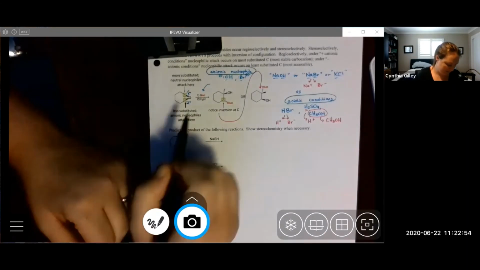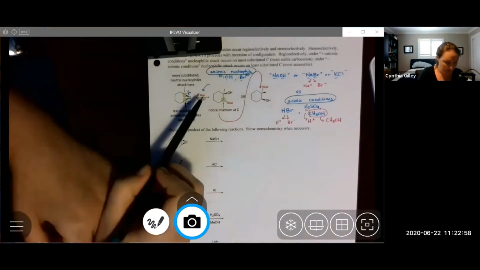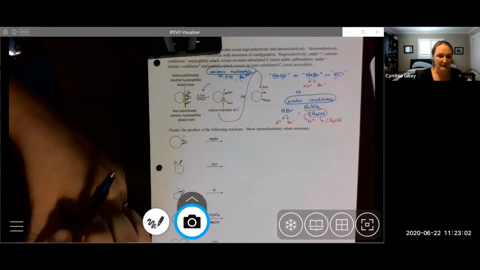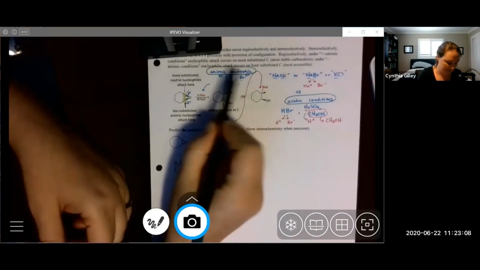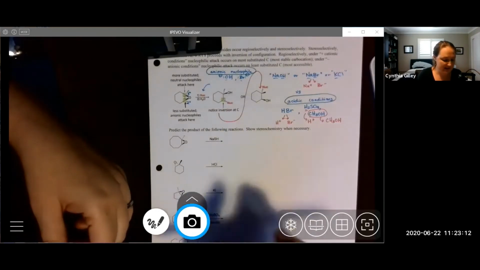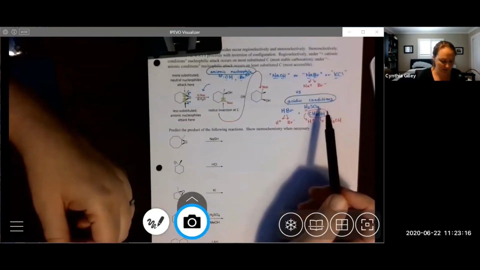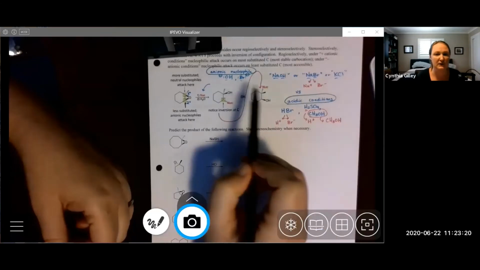For example, in this case, it would attack at this secondary carbon because it's less substituted than the tertiary carbon. If we have acidic conditions, the nucleophile, regardless of whether it's weak or strong, will attack at the more substituted carbon.